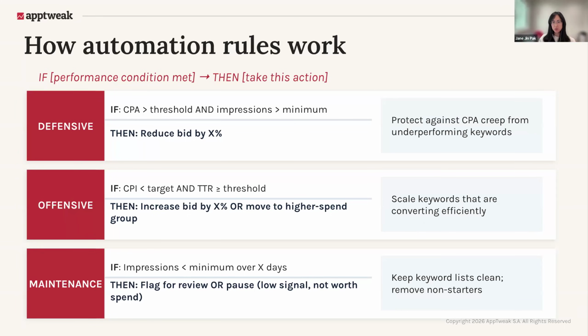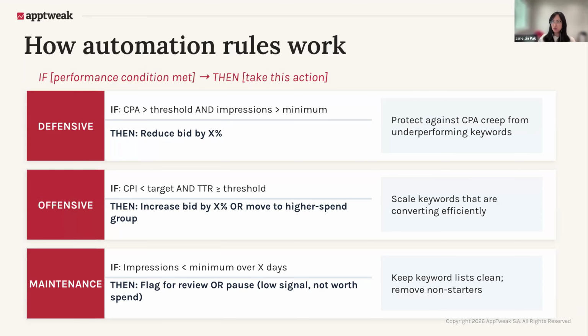And then the last one is maintenance. For example, in discovery campaigns, there are going to be certain keywords that just aren't really relevant, and you want to pause them or flag them for review. In which case, I would recommend having some sort of maintenance custom automation rules.